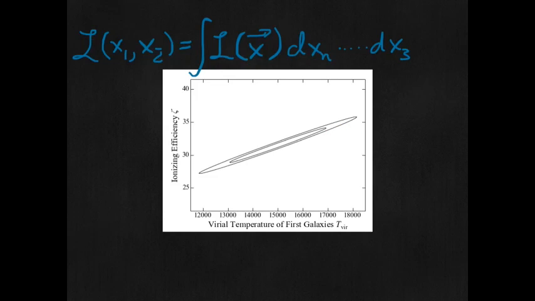And for the rest of this video, we're essentially going to figure out how to draw these contours. How do we draw them such that we have one that encompasses 68% of the probability, one that encompasses 95% of the probability, or whatever probability you choose to compute, maybe 72%.